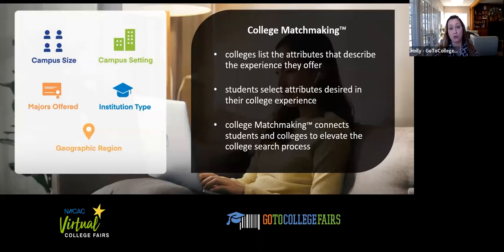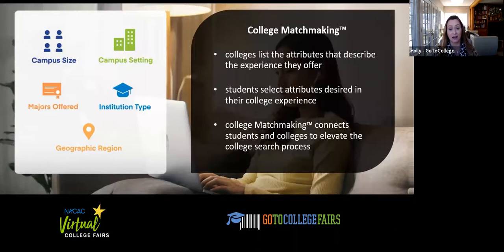So when students register, they select the attributes that they are interested in. What's the campus size I think I might want? What are the campus settings that are attractive to me? What is the major I think I might be pursuing? Am I interested in a 2-year, 4-year, private, public, Hispanic serving, religious orientation, whatever?